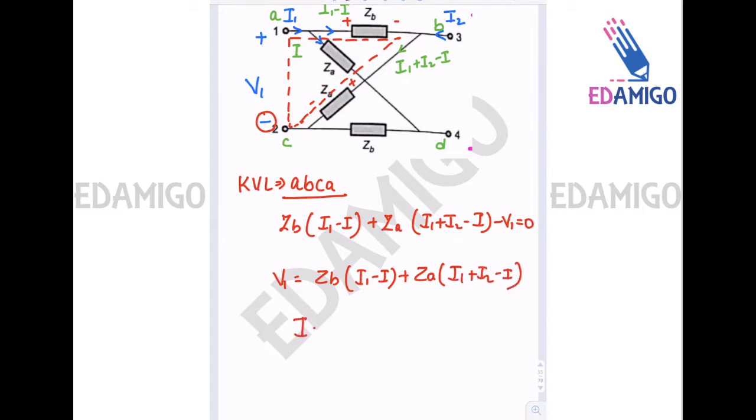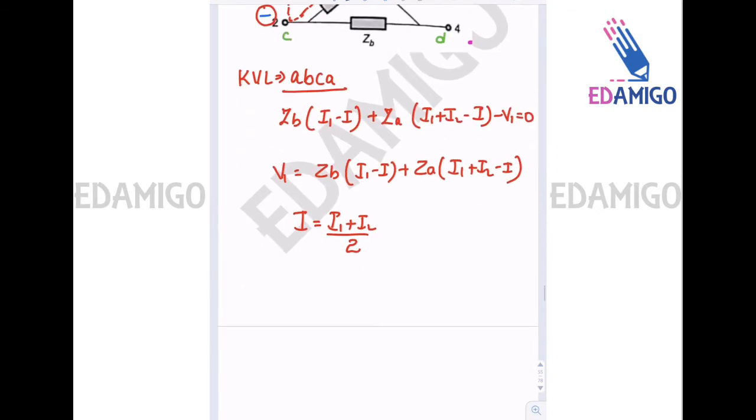Now we know that I is equals to I1 plus I2 divided by 2. So V1 is equals to ZB into I1 minus I1 plus I2 divided by 2, plus ZA into I1 plus I2 divided by 2. Okay, I'm just putting the value of I here. I will get this.